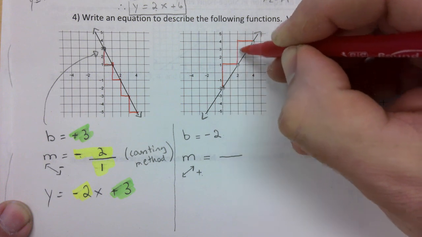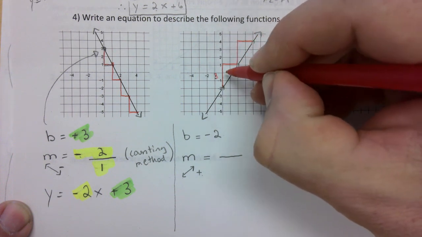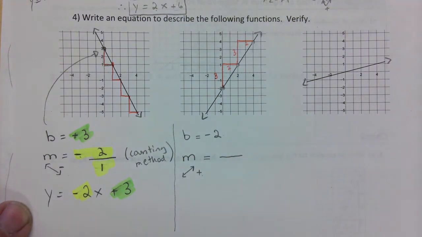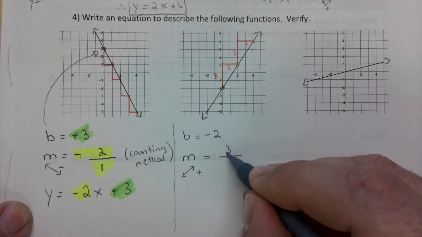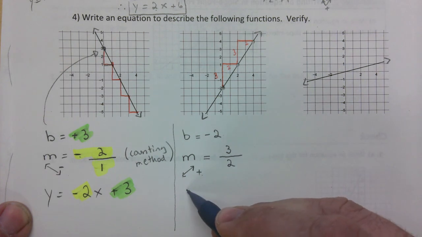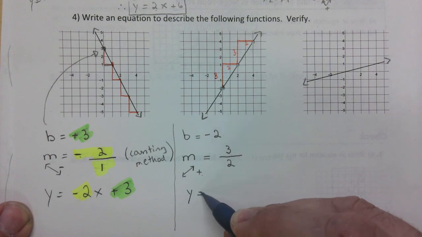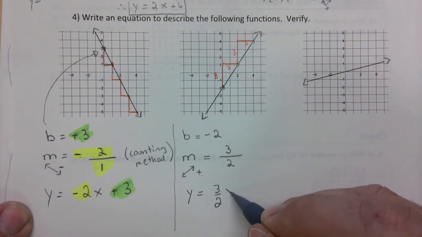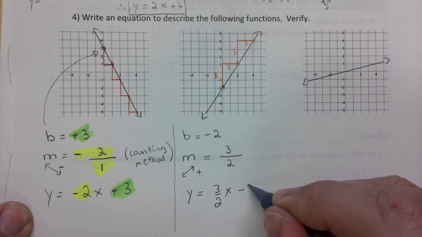So it's consistently the same. So it's 3, 2, 3, 2. So I know that my rise is 3 and my run is 2. Therefore, the equation of this particular line would be 3 over 2x minus 2.